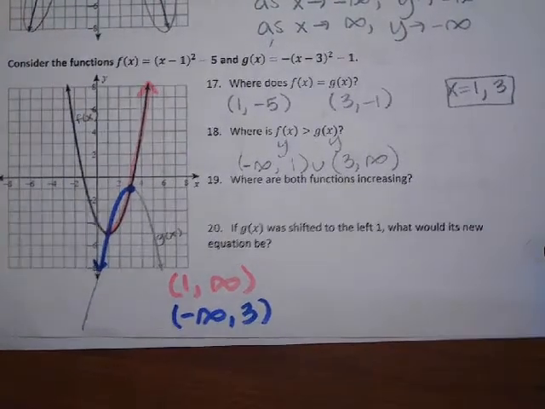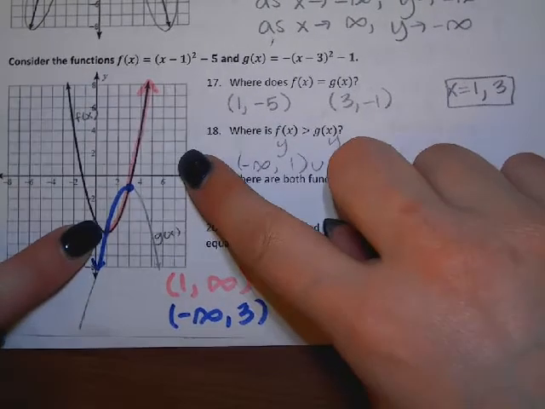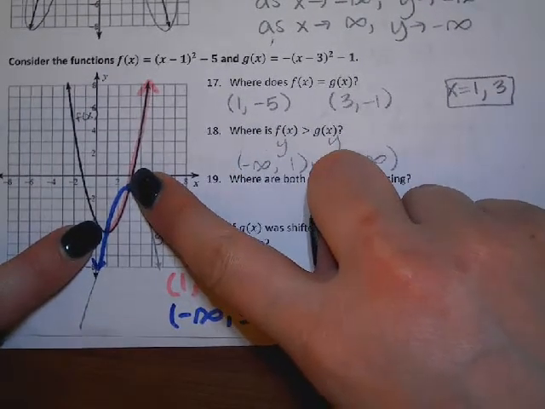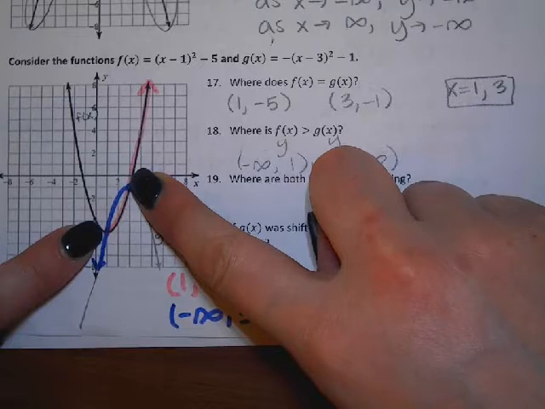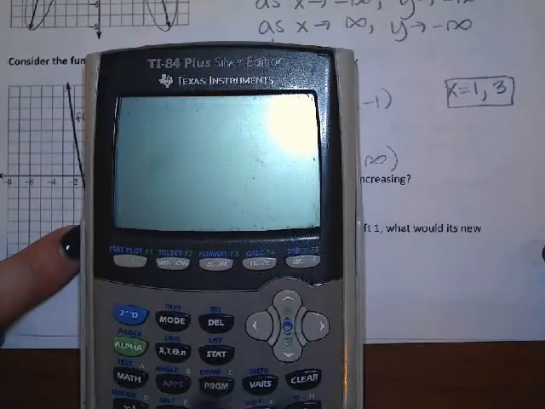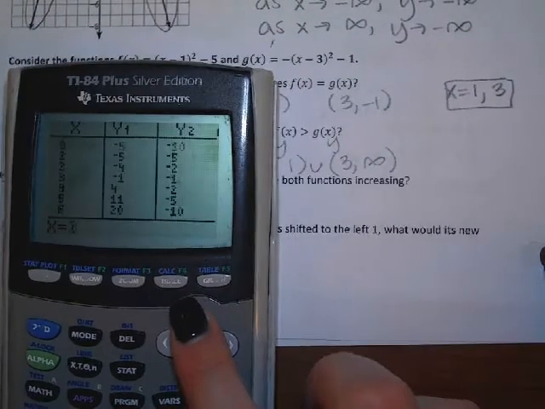So where's the overlap? Where are they both increasing at the same time? From 1 to 3. Does that make sense? They're increasing at the same time. And you can actually see it if you look at the graph, if you look at the table.